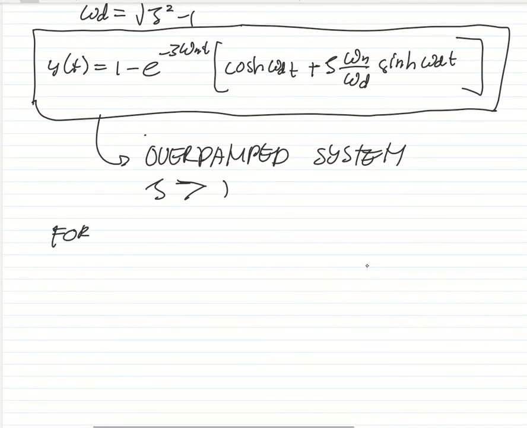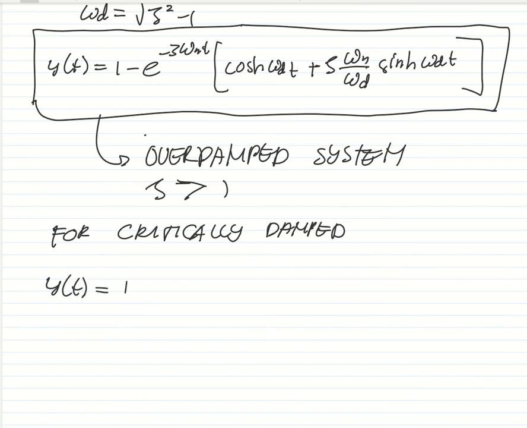For a critically damped system, the response becomes y(t) = 1 minus e raised to negative zeta omega n t. This will become 1. Then the other one will become sine hyperbolic of 0, so this will become plus this omega d times t.